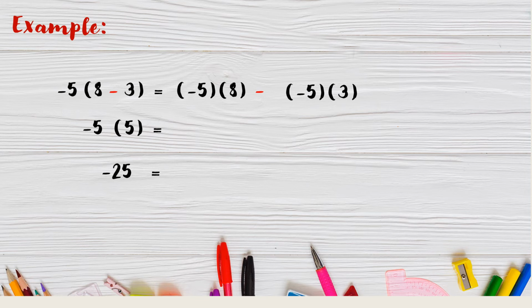On the other side, negative 5 times 8 is equal to negative 40. Negative 5 multiplied by 3 is equal to negative 15. If we apply the rule in the keep change change, in negative 40 minus the quantity of negative 15, the answer will be negative 25. Therefore, both expressions are equal.